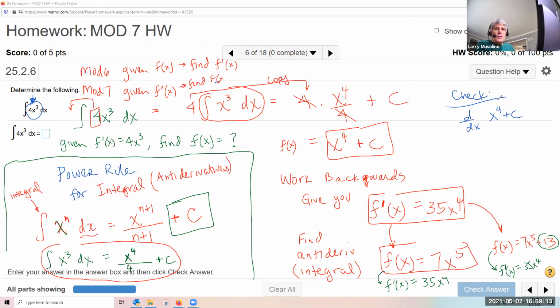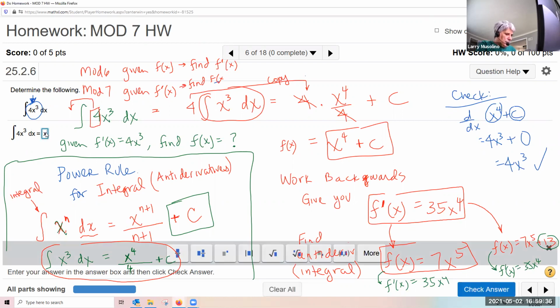Well, let me go ahead and do it. The derivative of x to the 4 is 4x to the 3rd. And the derivative of a constant is 0. So I am getting 4x to the 3rd here, which checks out. That's the function I started with. Okay, so this answer here is going to be x to the 4 plus a constant. So let me put that in here. x to the 4 plus a constant.